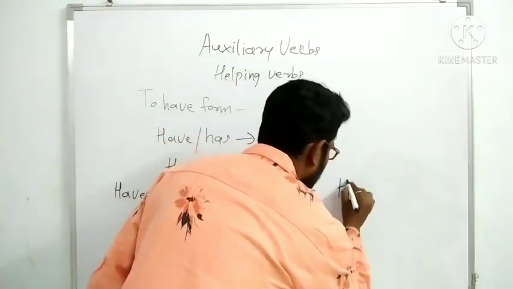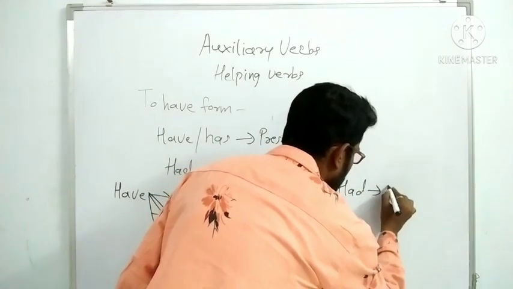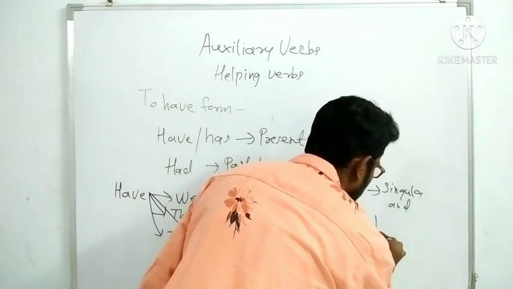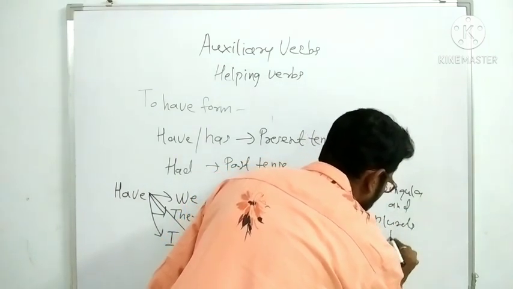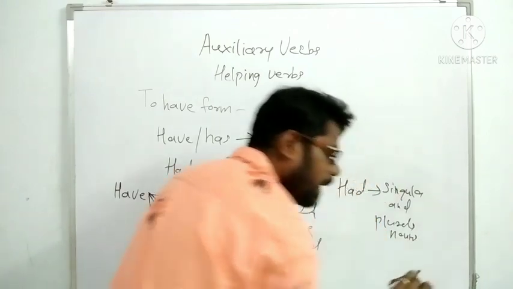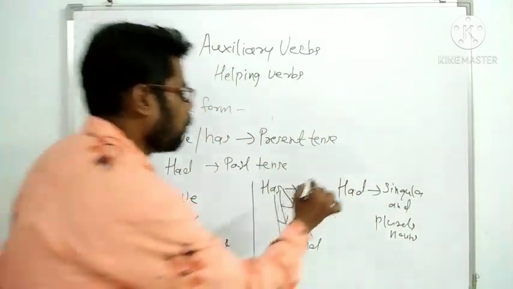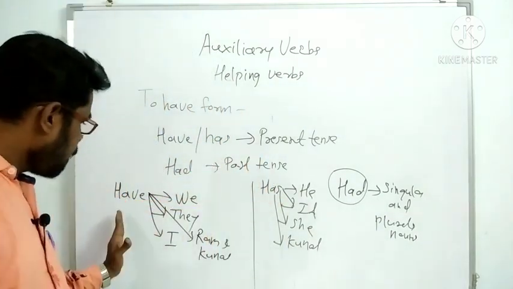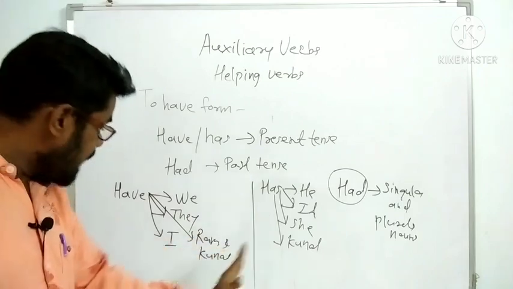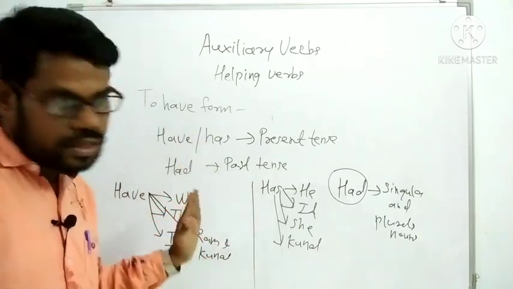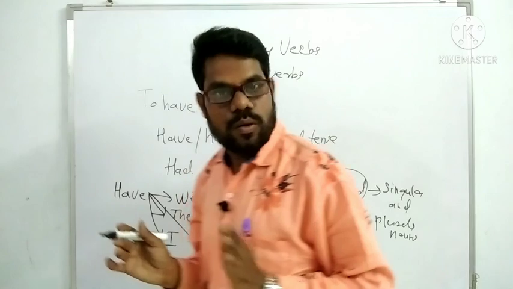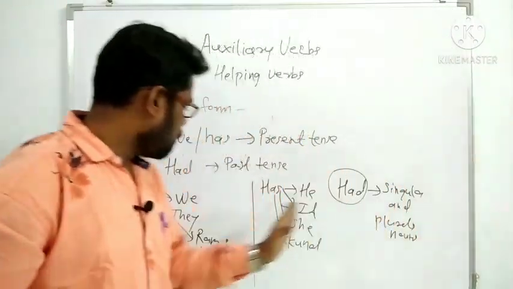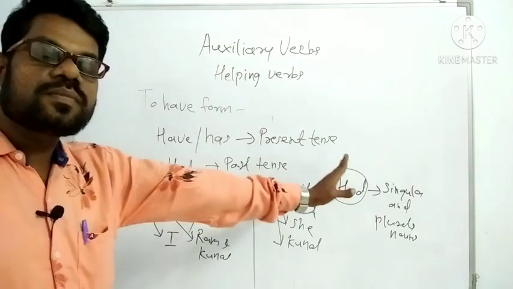So after had we use singular and plural nouns. It means for any subject, any noun, we follow only had in the past tense. But with have and has, we have the choice as per the subject, singular and plural. Okay, so I hope you have understood the difference among have, has and had.